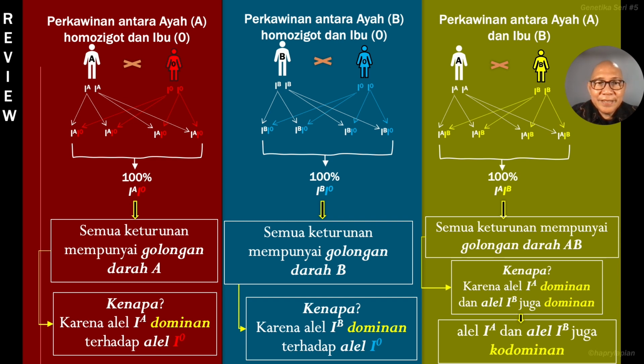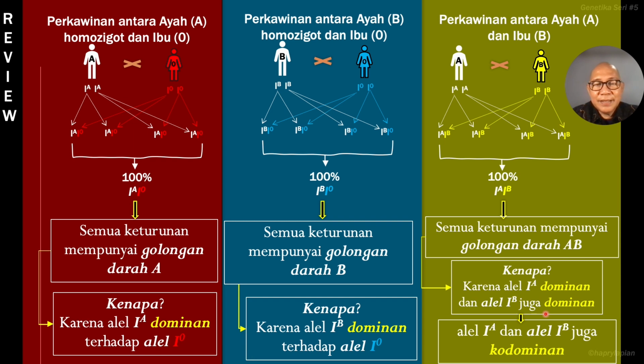This inheritance pattern, as illustrated in this picture, demonstrates how alleles combine to determine blood type. It highlights how IA and IB alleles, both dominant over IO, result in blood types A or B when paired with IO.